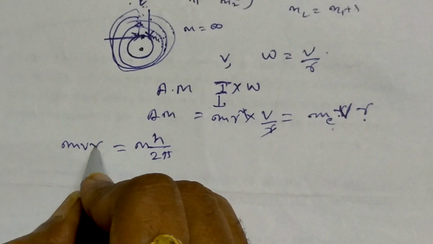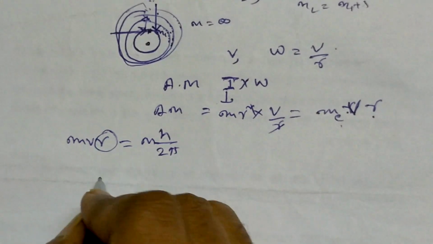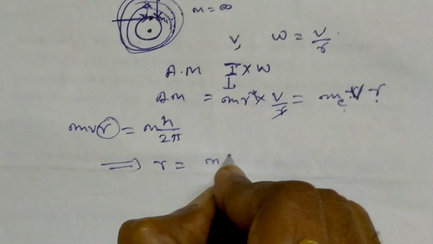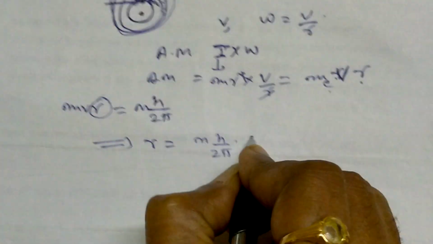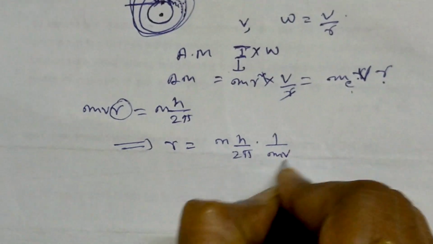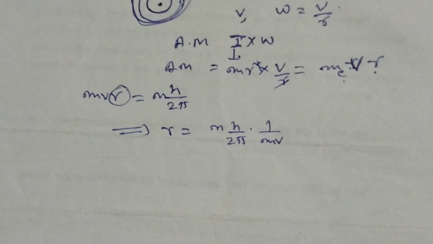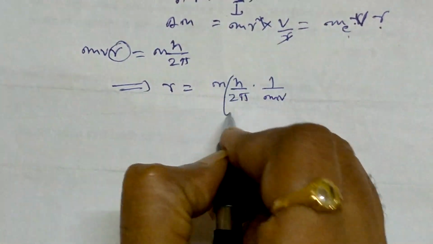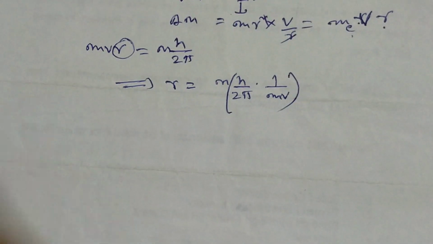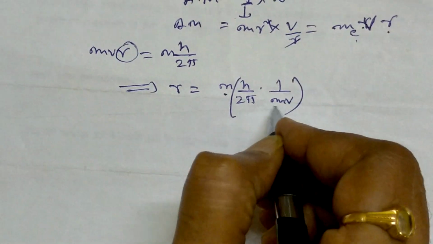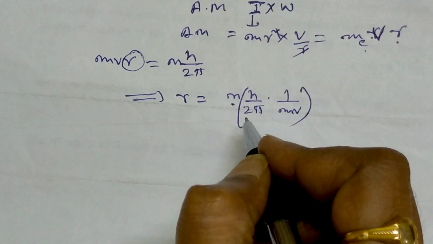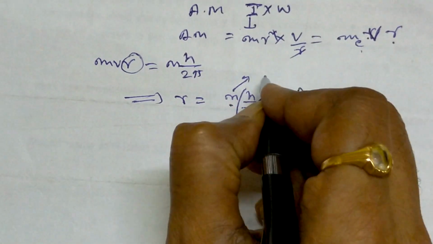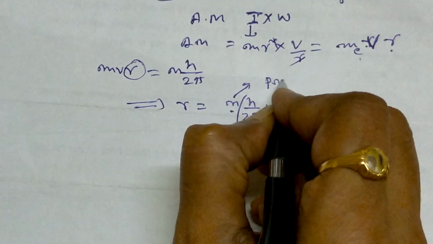Now, if I want r, that implies r equals n h by 2 pi into 1 by m v. This m v is nothing but the momentum, mass into velocity. So if you see all these things, n is the only variable, and the other things are almost fixed for an electron.